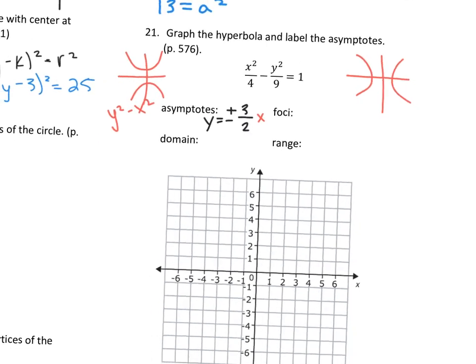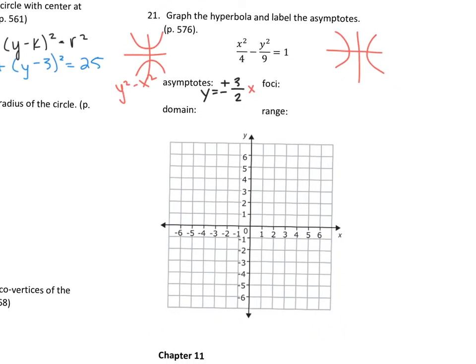So I'm going to graph these two asymptotes. So I go up 3, right 2, left 2, down 3, like this. This is one asymptote. The other asymptote is going to be a -3/2, which looks like this, both going through the origin.